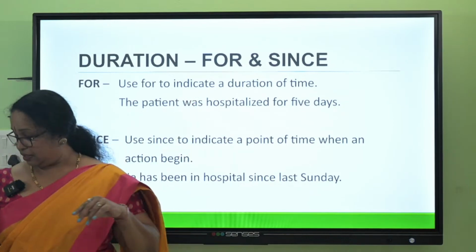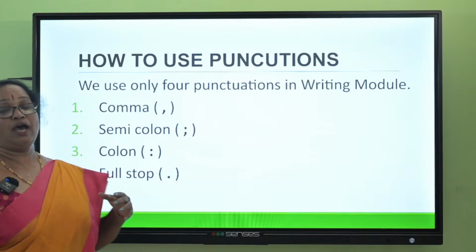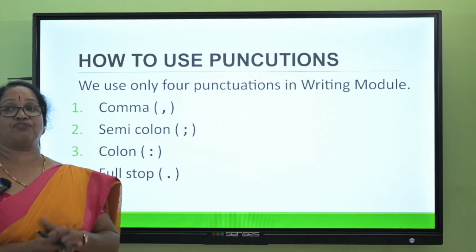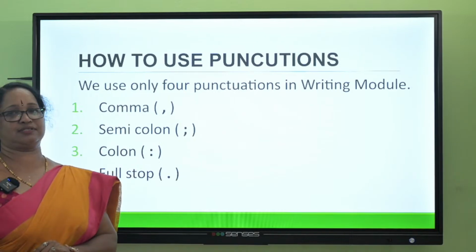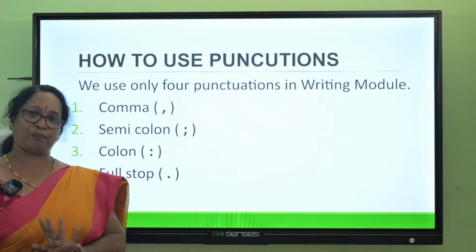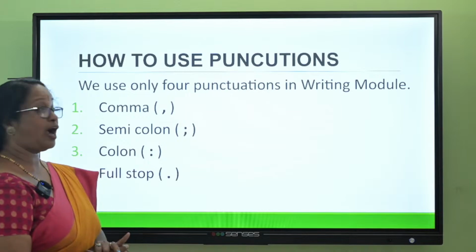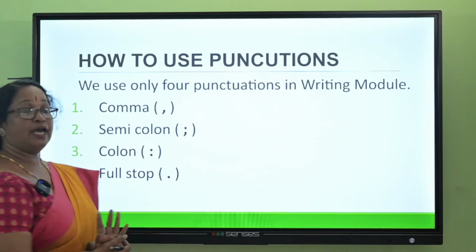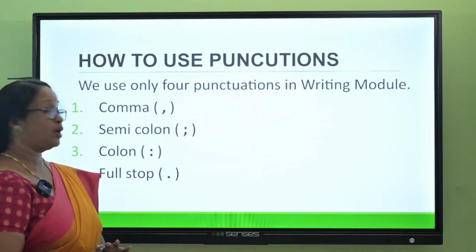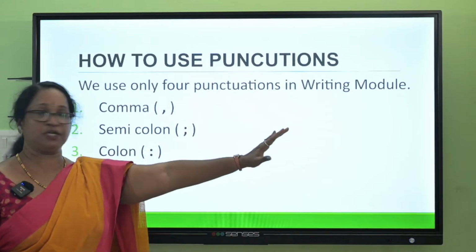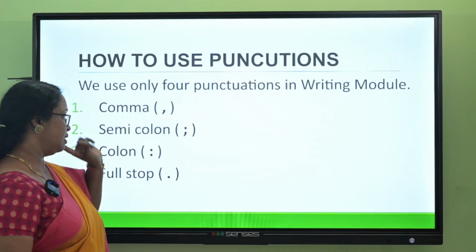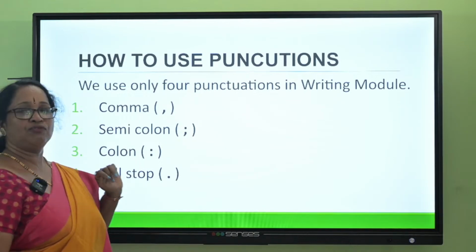I think these are the doubts. And coming to the last section, that is how to use punctuation. This is the most important part you have to understand. We are using only 4 punctuation marks in our writing module: comma, semicolon, colon, full stop.